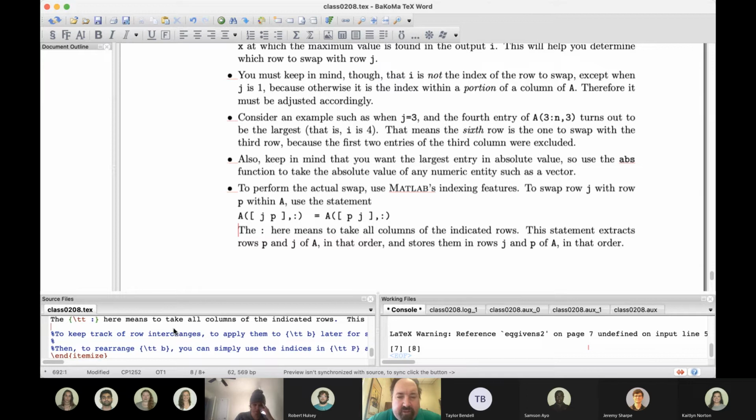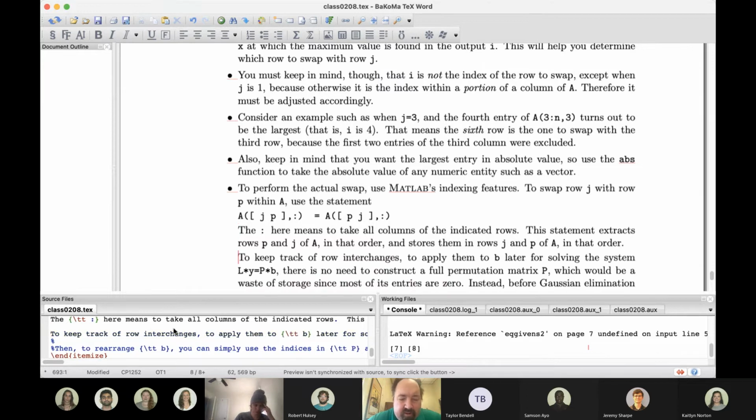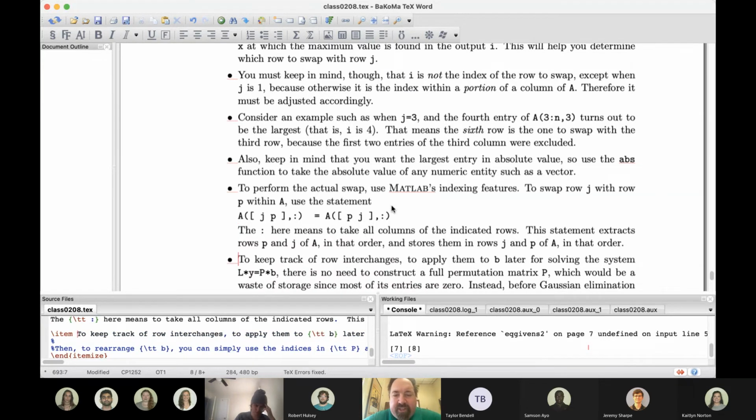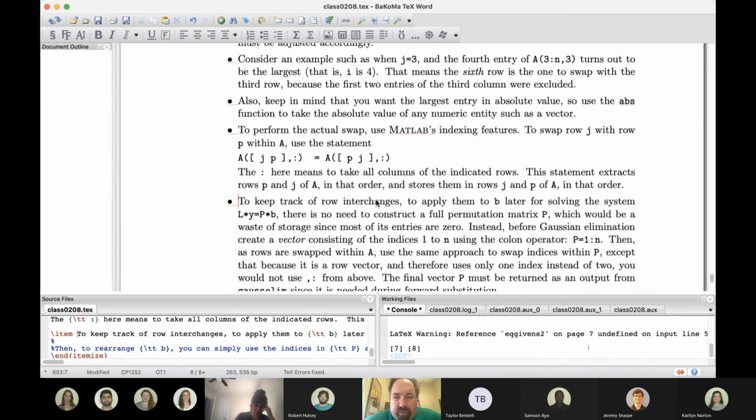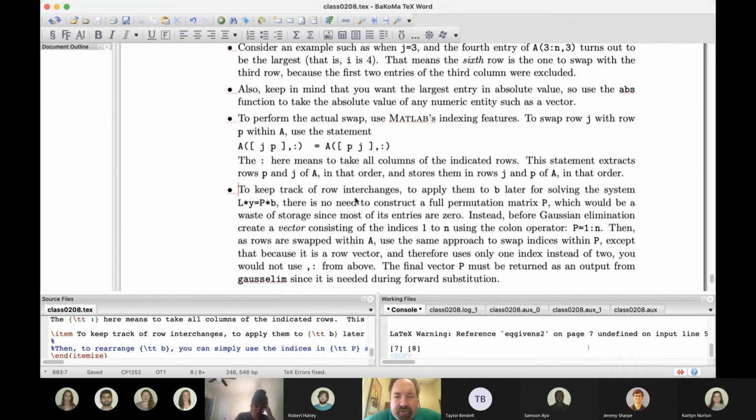Now, aside from doing the actual row swaps, for Gauss elimination and pivoting, you need to keep track of the row interchanges, because once you're finished with Gauss elimination, you have to solve this system, Ly equals PB, where P is a matrix of row interchanges that's now applied to B. You're not going to construct a permutation matrix because that's wasteful.